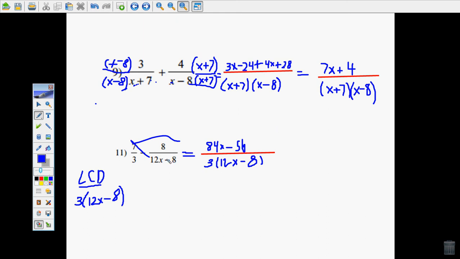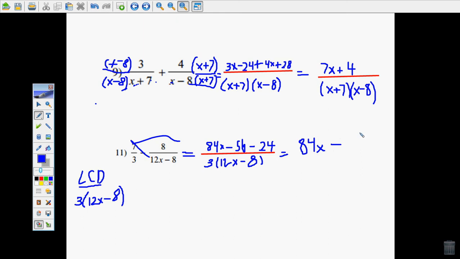Then this fraction, we need to multiply numerator and denominator by 3. So it will be minus 3 times 8, or minus 24. So I skipped some of the steps just for sake of time and also space. Final answer would be 84x minus 56 minus 24 would be minus 80.